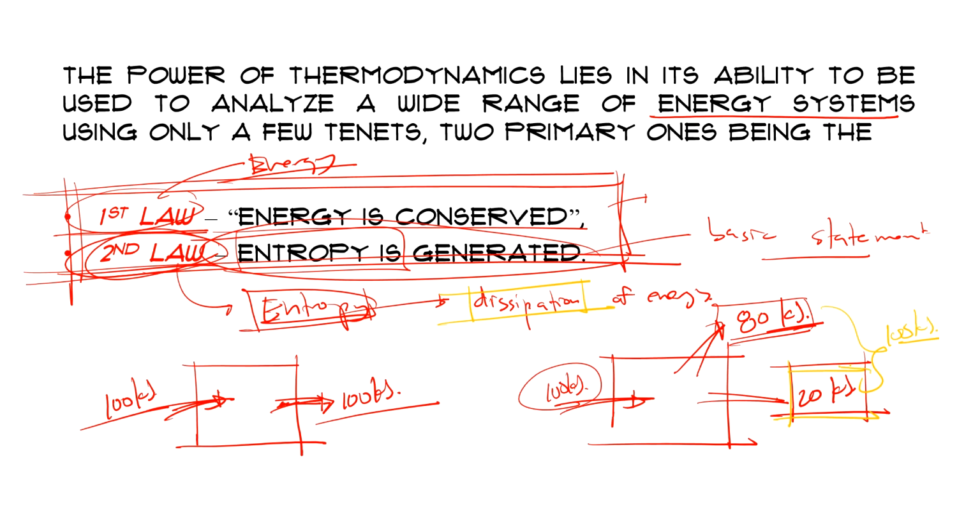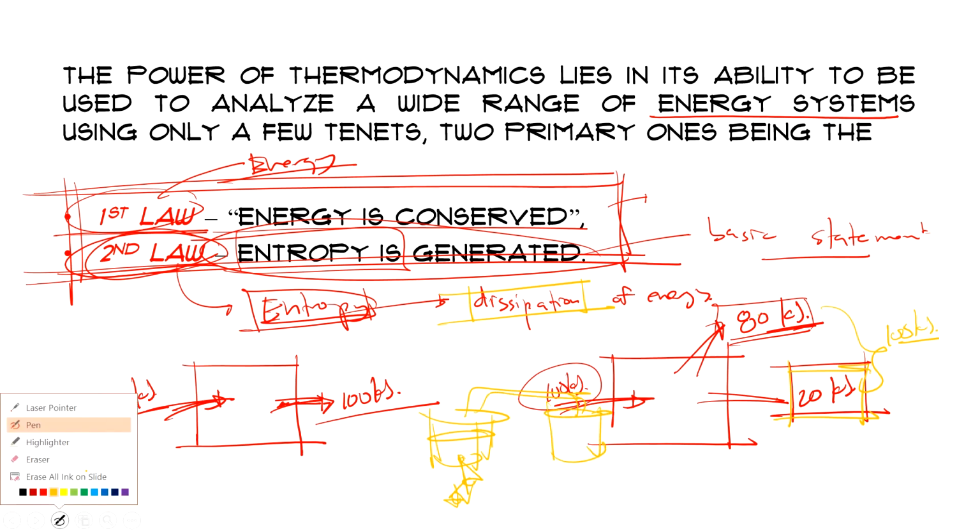So we want this output, for example. Going back to our engine, let's say here's our piston and here's our cylinder, and here the boiler. Let's say we input energy here of 100 kilojoules.